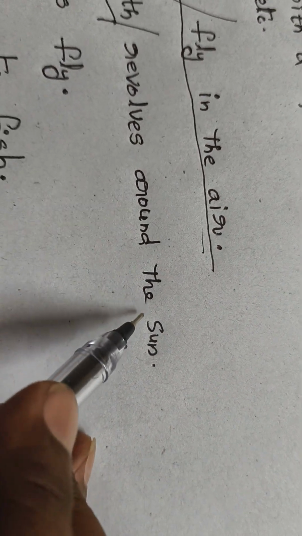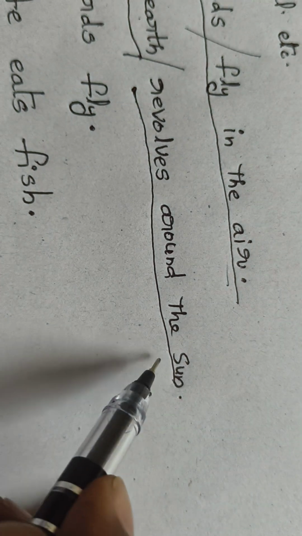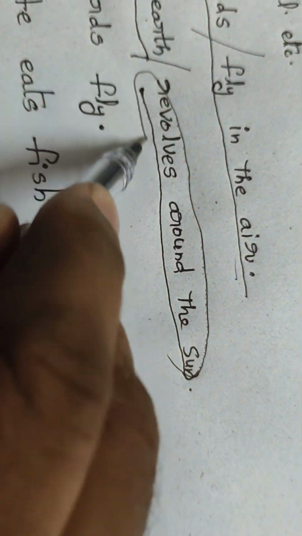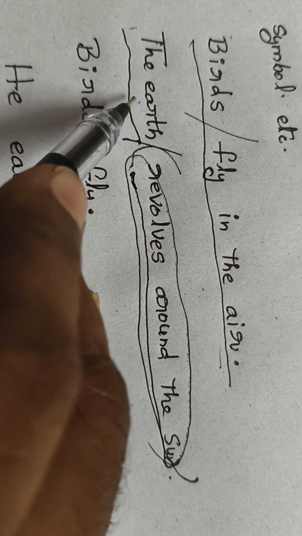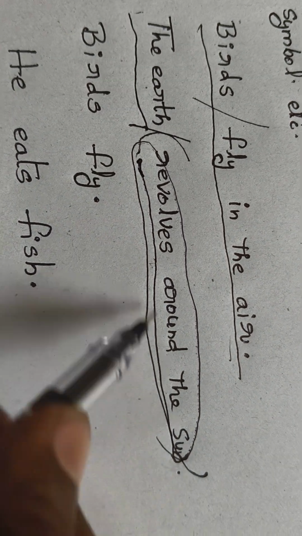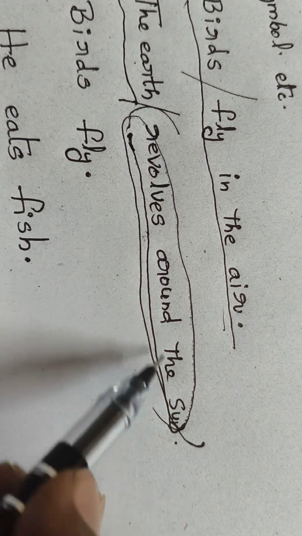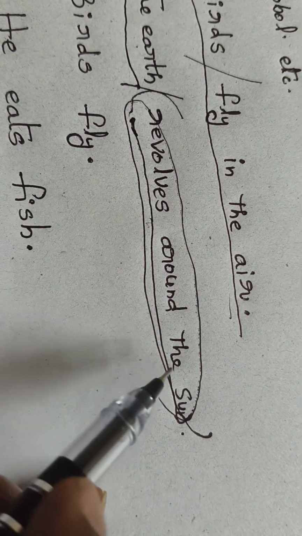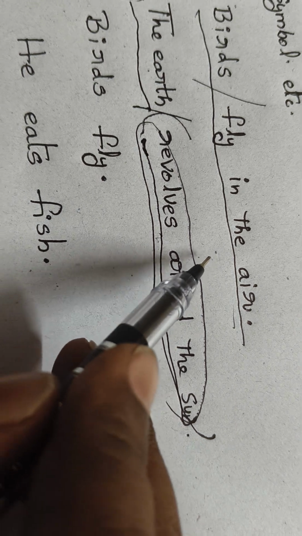Revolves around the sun is called predicate. This group of words says about the earth. Earlier I told you predicate must contain a verb. Is there a verb or not? Yes. Revolves is the verb.